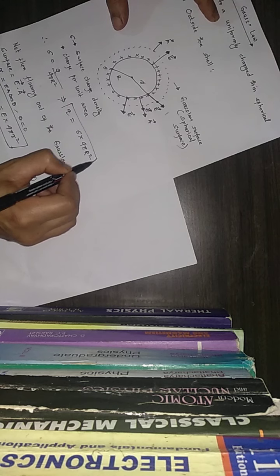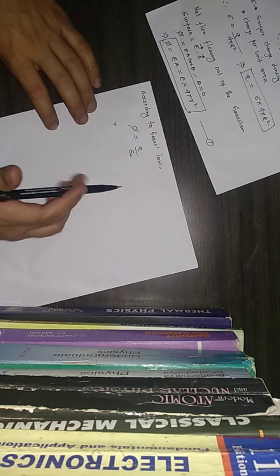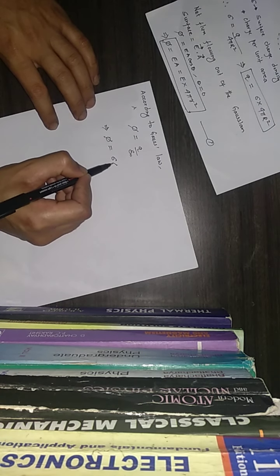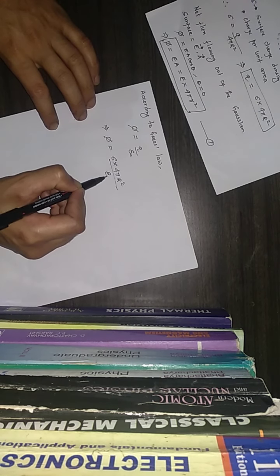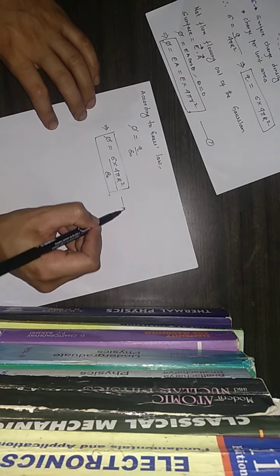So this is the total charge enclosed by the Gaussian surface, or the total charge contained on the spherical shell. So the flux will be equal to sigma into 4 pi R square divided by epsilon 0. This is your equation number 2.